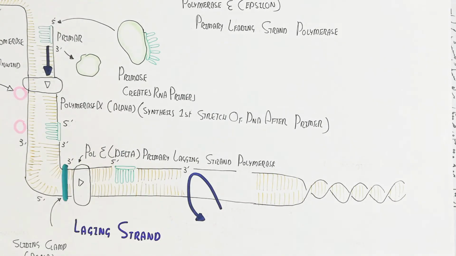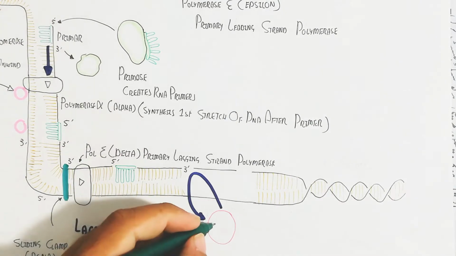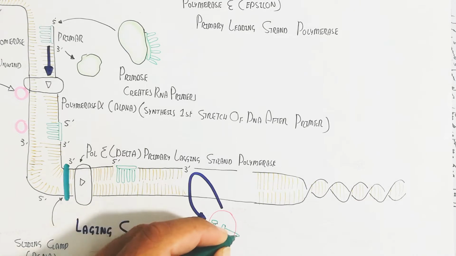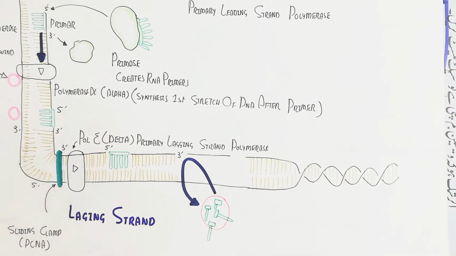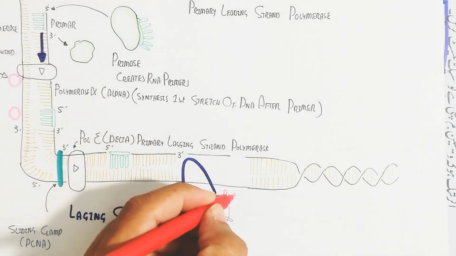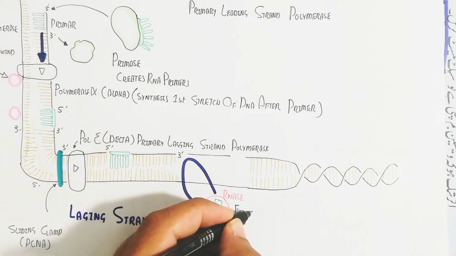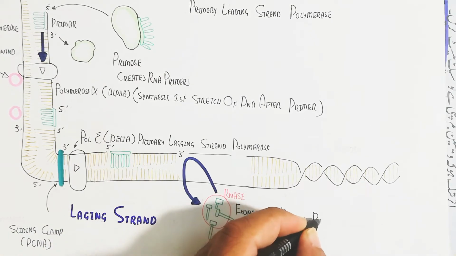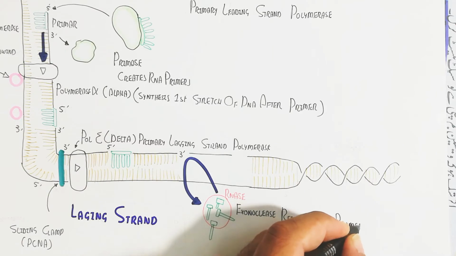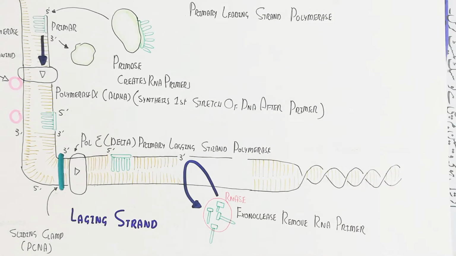The Okazaki fragment contains 10 to 100 base pairs. An exonuclease removes the RNA primer, and after the removal a gap is present between the Okazaki fragments.